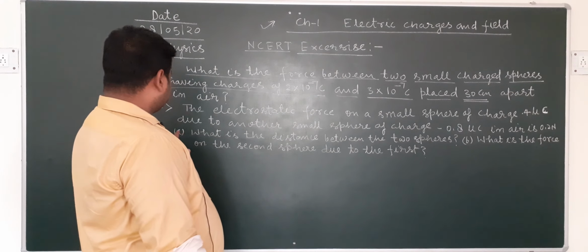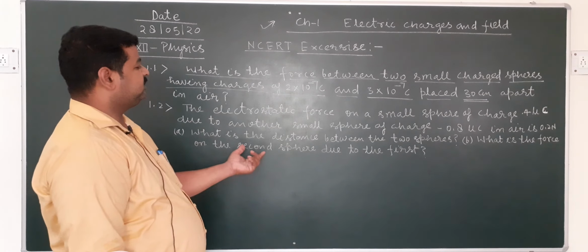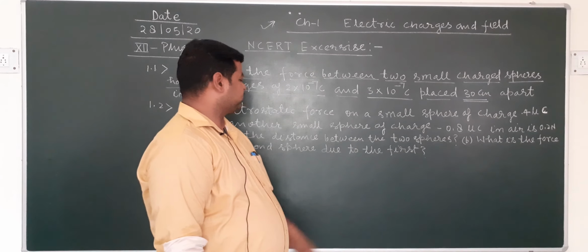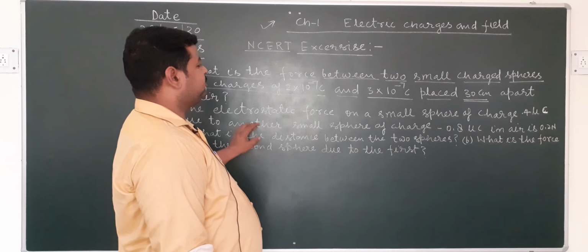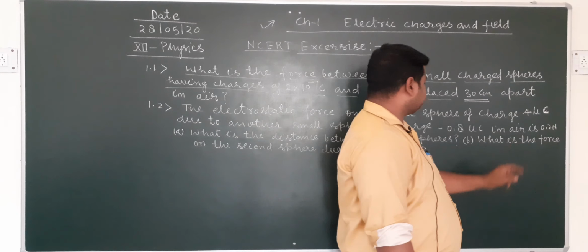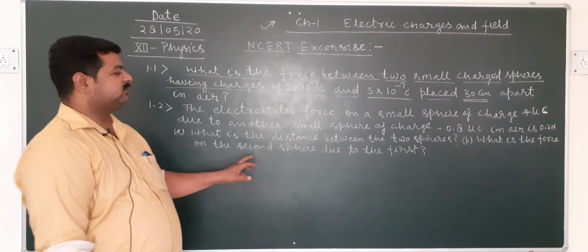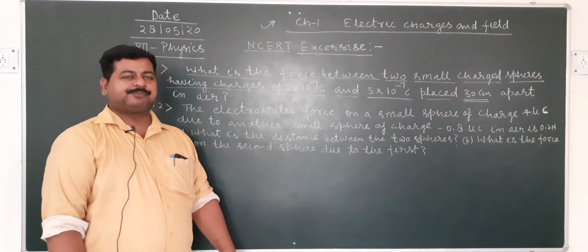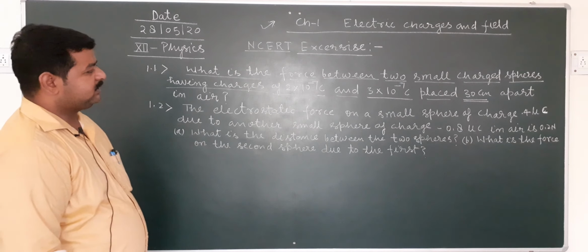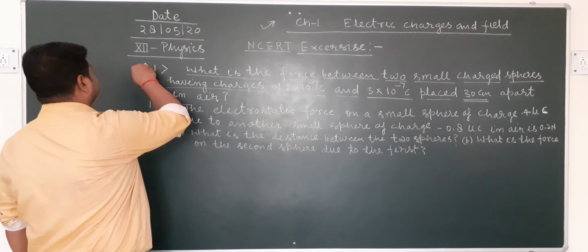Clear? Here we calculate, in the first part, the distance between the two spheres, and the second part is the force on the second sphere due to the first. So we solve these two numericals one by one.